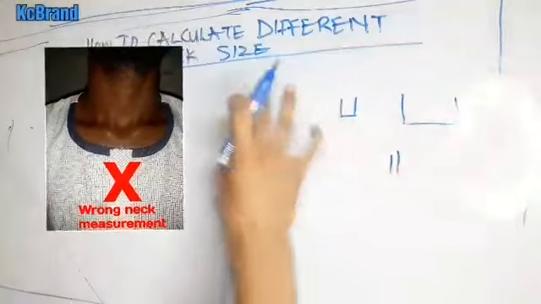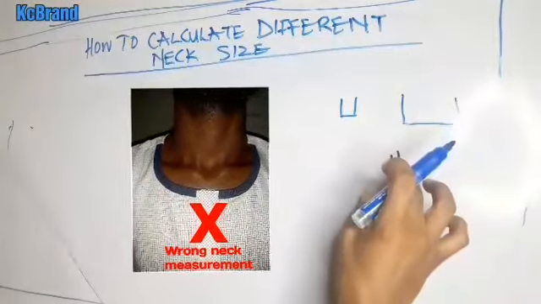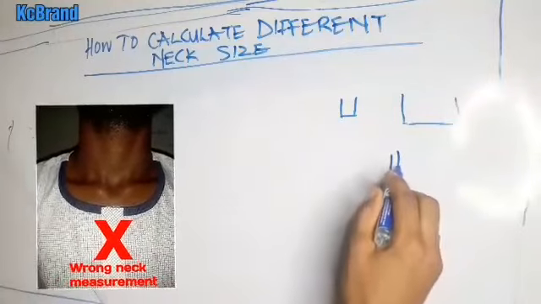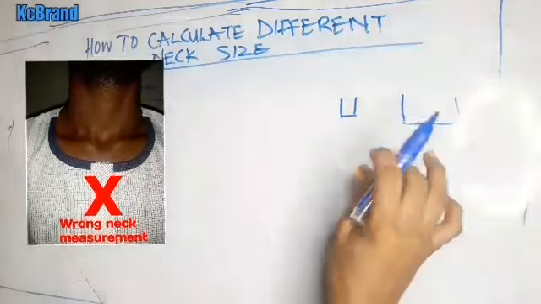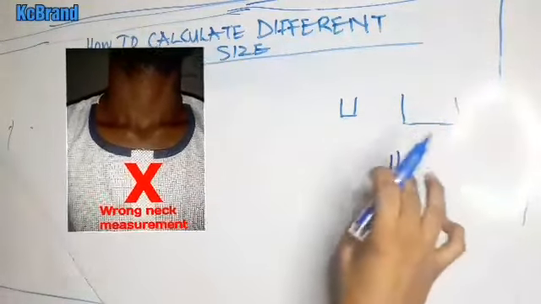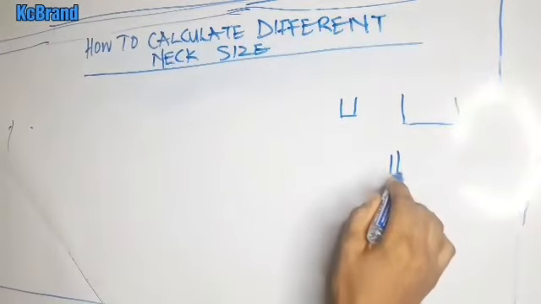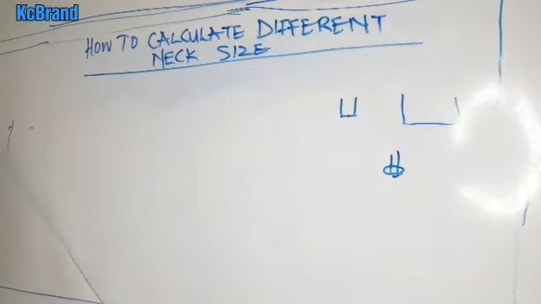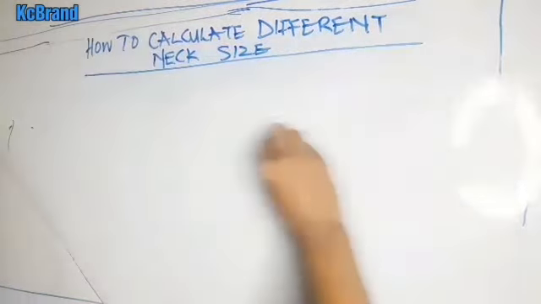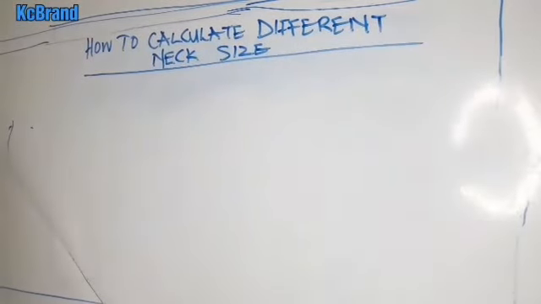So you have to know this calculation so that you'll be able to cut the neck according to the neck of your client. So you won't go and use this size of neck for this. To avoid that problem, that is why I want to explain the concept behind it. So now let's get started.